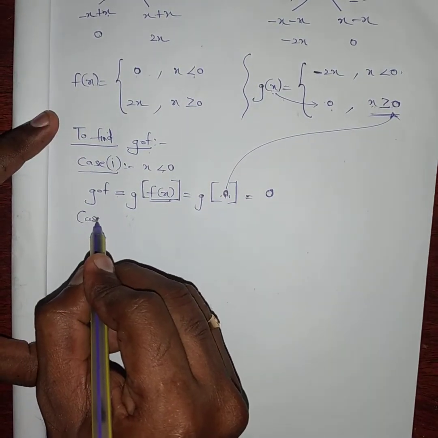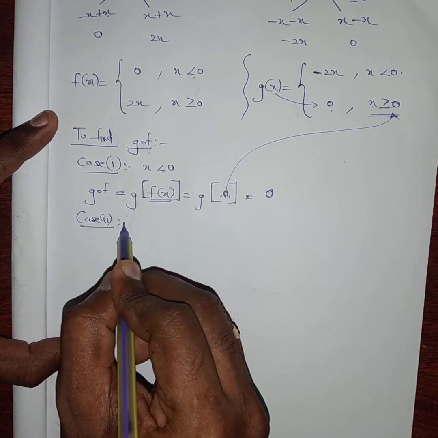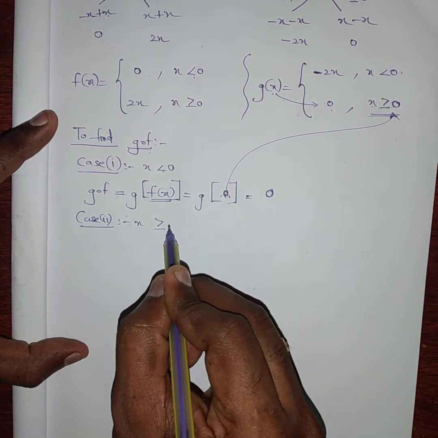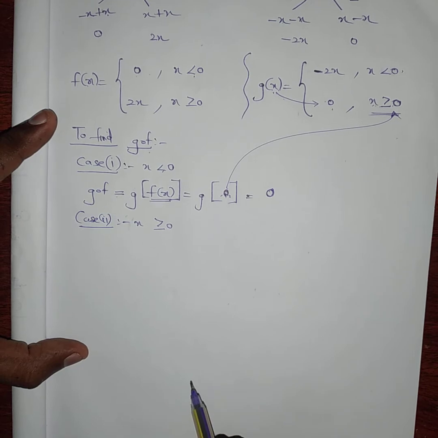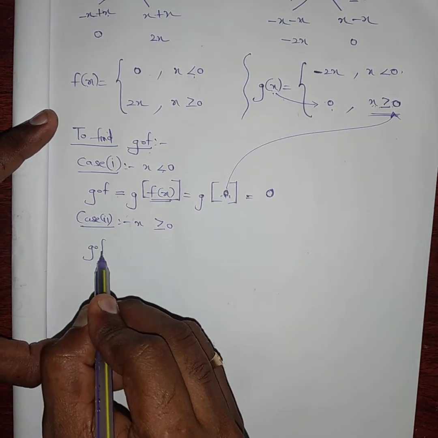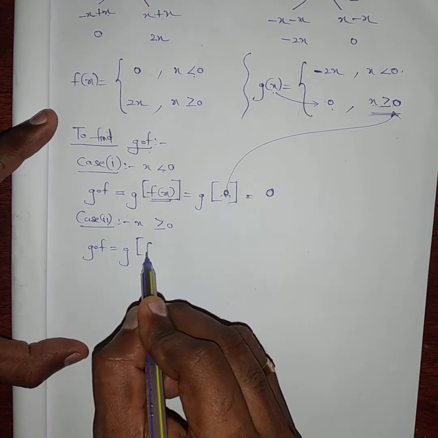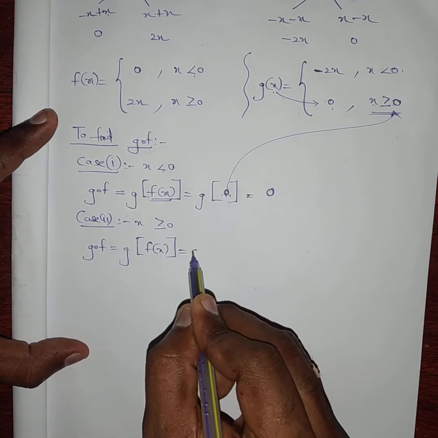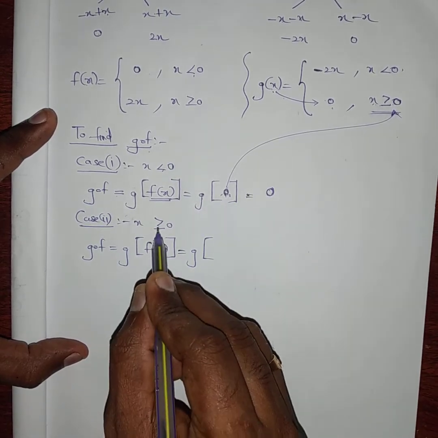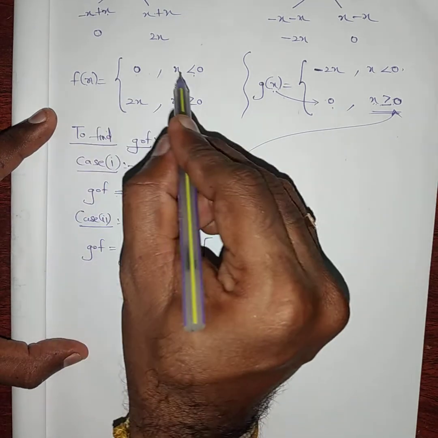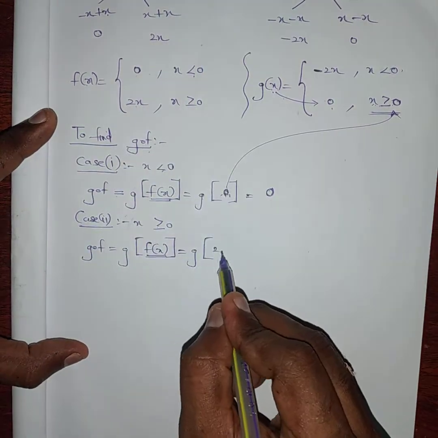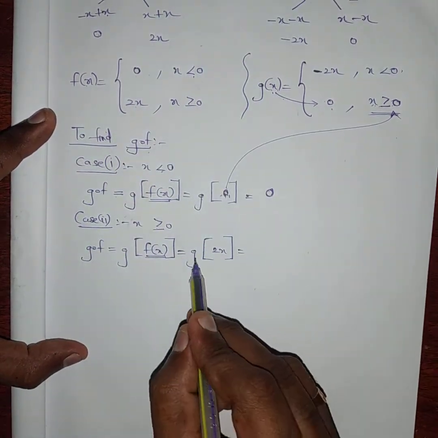Next, case 2, when x is greater or equal to 0. I need to find g composite f, g of f of x. When x is greater or equal to 0, what is f of x? F of x is nothing but 2x, so g of 2x.